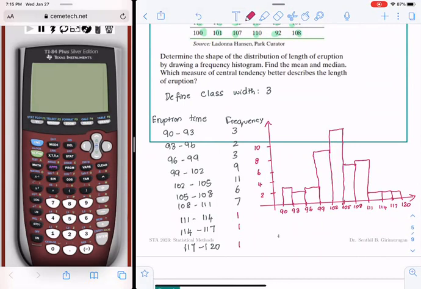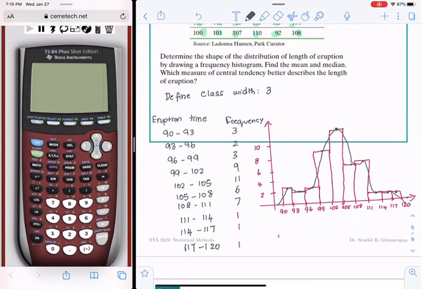So as I said, if I can't see the shape, we could always draw an outline of the graph by connecting the bars. So what I'm going to do is simply place dots here and see if I can connect them. It is not going to be a very nice picture, but we'd get an idea about the shape of the data.